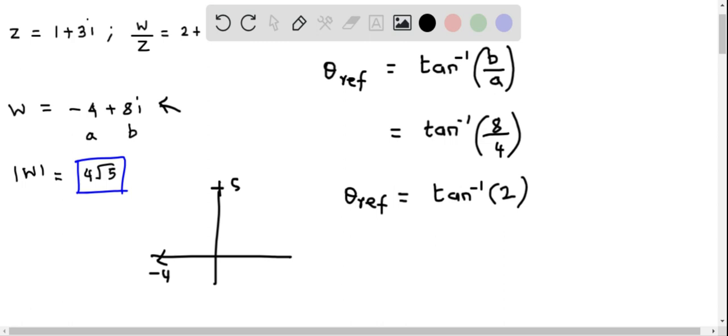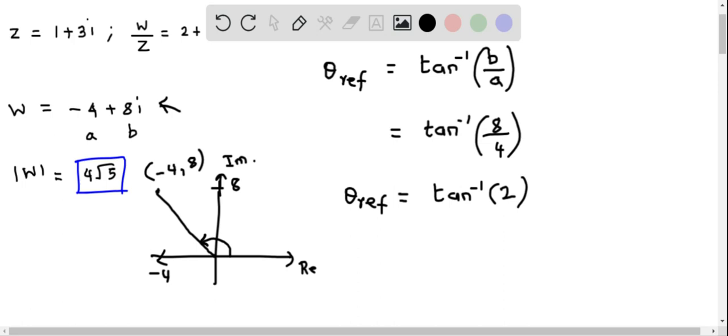So let's say this is 8. So this is the point negative 4 comma 8 in the complex plane, considering this as the real axis and this as the imaginary axis. So this is our angle. Basically we have to determine this angle, knowing that the reference angle is tan inverse of 2.